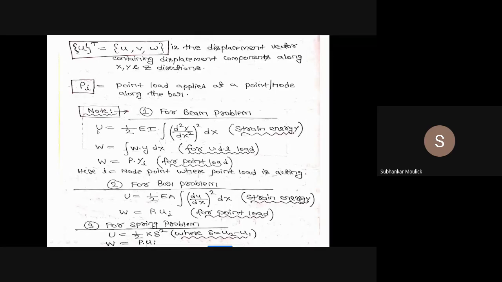That is, U is equal to half E into I integral of d2y over dx2 whole square into dx. This is nothing but exactly the equation which you use in strength of material. If you remember, it is M square by 2 EI. That is the equation, M square by 2 EI in strength of material.